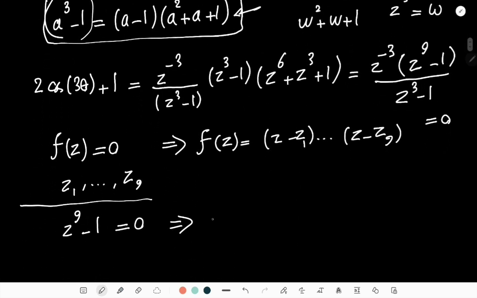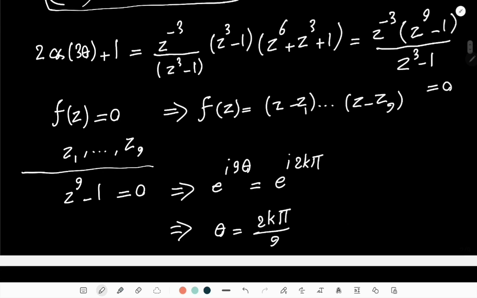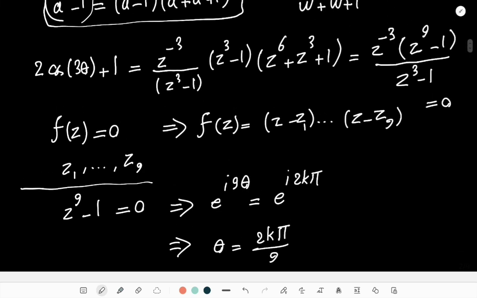So we have e to the power of i 9 theta equals 1, which in the complex number realm can be written as e to the power of i 2k pi, by the way. And as a result, theta is equal to 2k pi over 9, and k belongs to Z. Because this equation is of order 9, it means that I have 9 roots, but I have to exclude the roots of the denominator.